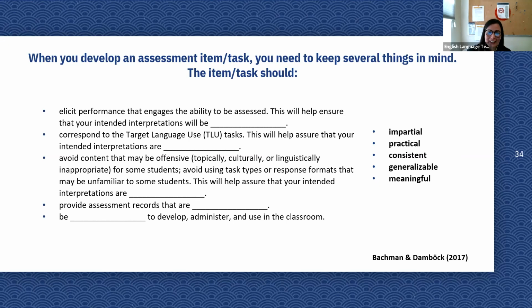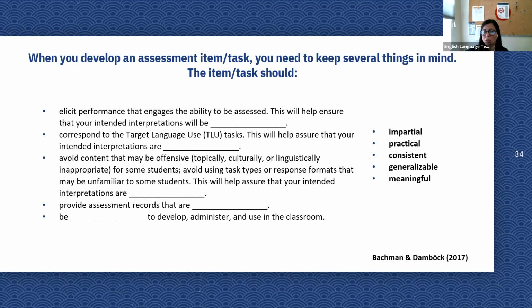And when you provide assessment records, your tasks and your items should provide records for you of test takers' scores that are consistent, right? You're looking for reliability here. And be practical, right? To develop, administer, and use in the classroom.